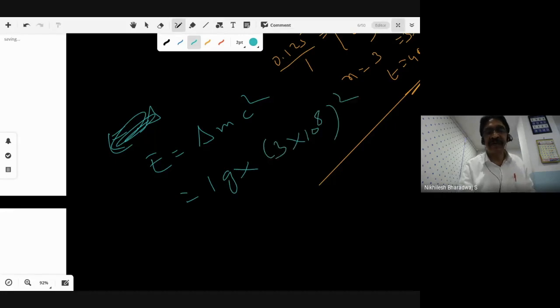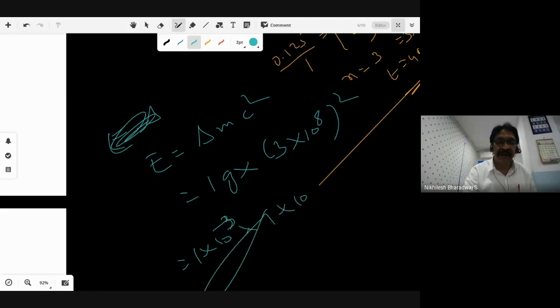Everybody knows that is the velocity of light in free space. 1 gram you convert into 1 into 10 to the power of minus 3 kg, and c square is 9 into 10 to the power of 16.